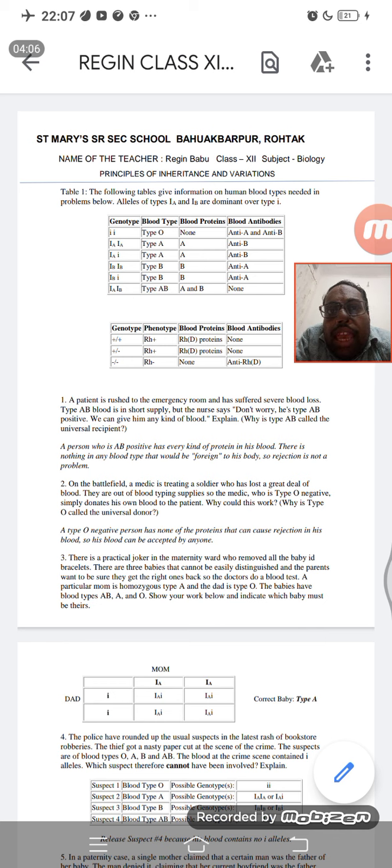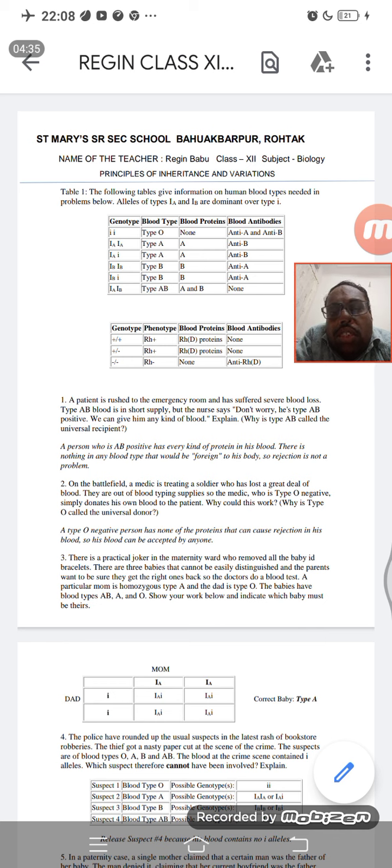Then I^A I^A, that means dominant homozygous, will give you type A with blood antigen A and antibody anti-B. And heterozygous I^A and small i, that is for the O, will give you A blood group with antibody anti-B and blood antigen A. So this table you have to keep in mind.